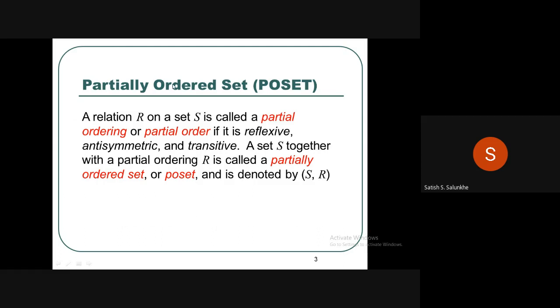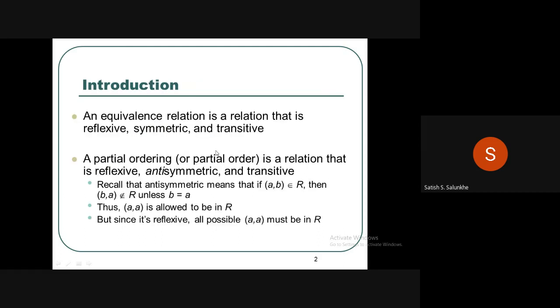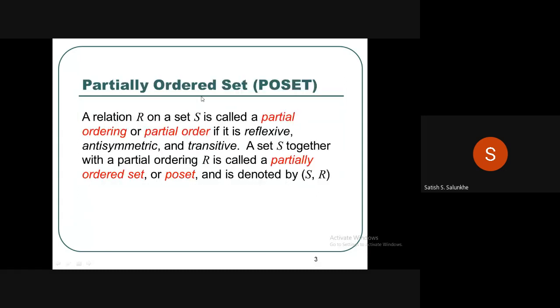So what is a partially ordered set? We have just now discussed what is partial order relation. A relation which satisfies reflexive, antisymmetric, and transitive properties is called a partial order relation. What is a partially ordered set? That is called a poset. A relation R on set S is called a partial ordering or partial order if it is reflexive, antisymmetric, and transitive.